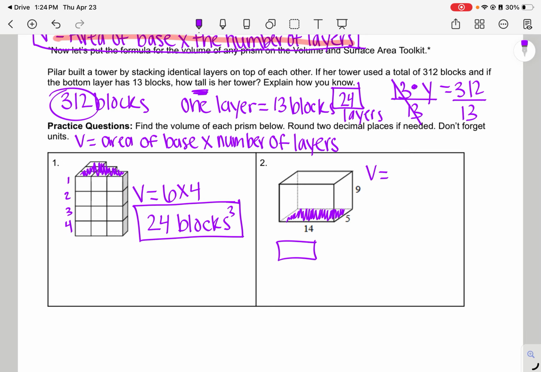So to find the area of that rectangle, I'm going to do base times height, so 14 times 5. And then to find the number of layers, they're not separated like these ones were before. So we have to think about it as I'm stacking up, and to stack up this way, I'm stacking 9 high. So yes, it is length times width times height for just this situation. So volume is 630 units cubed when I multiplied.